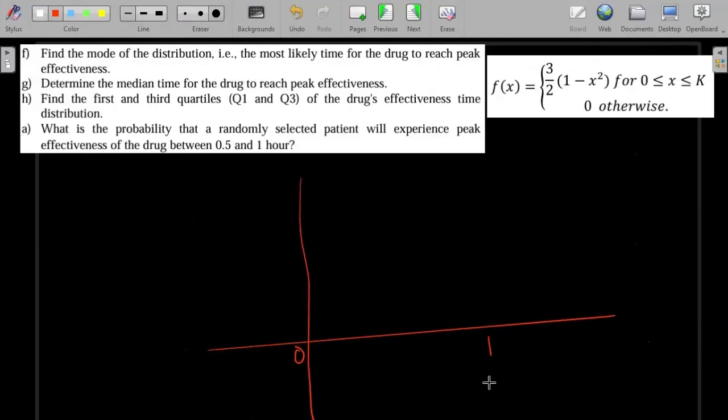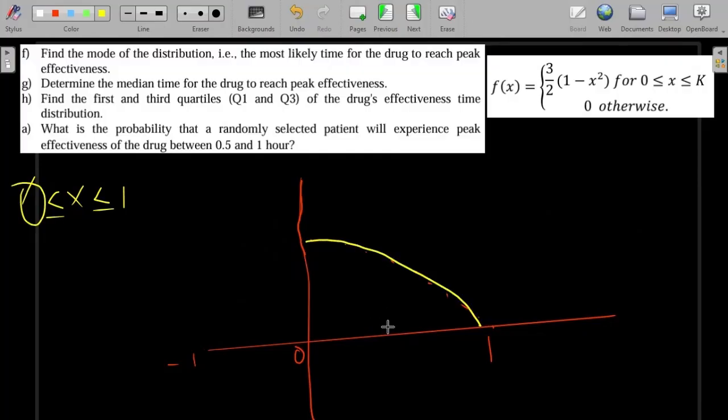We had 0 and then 1. The graph came from minus 1 like this, and then it went like that. This part here we can't draw, because the probability function says x is between 0 and 1. So we're just considering this part of the curve.